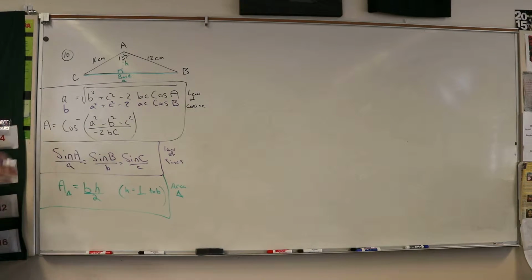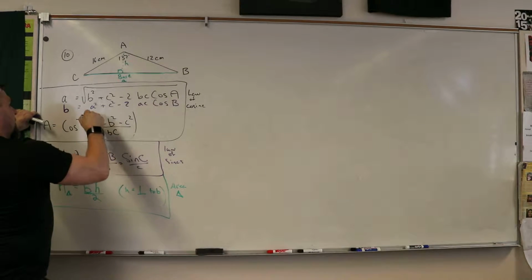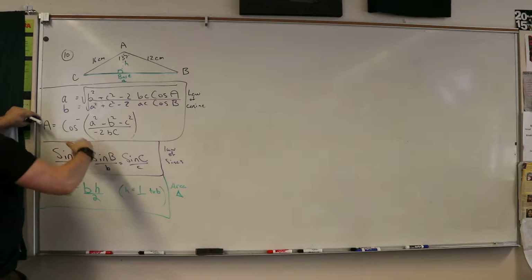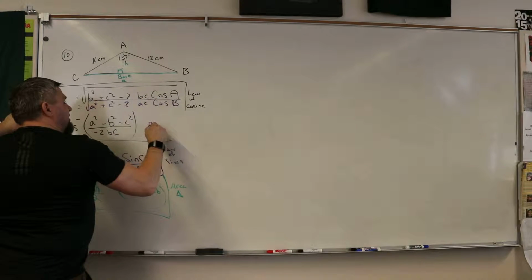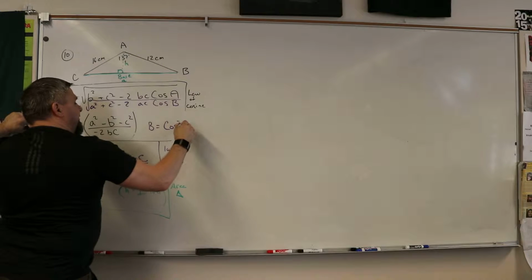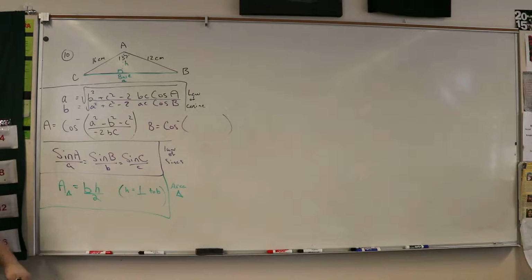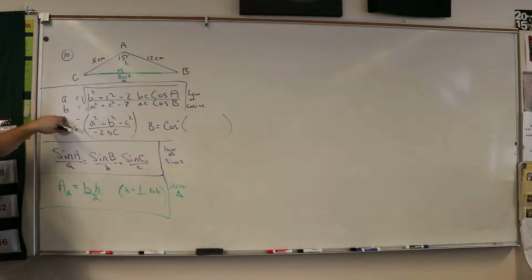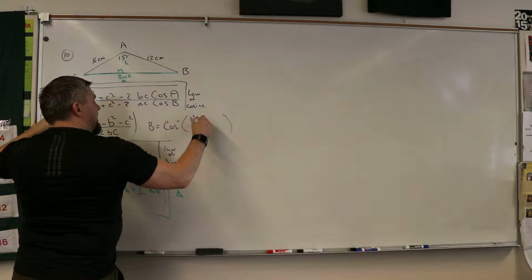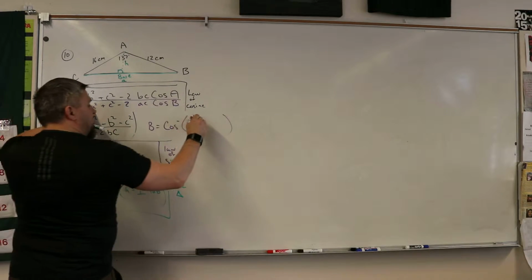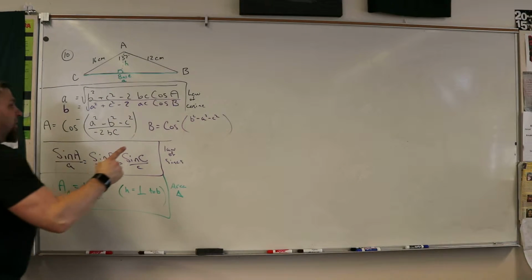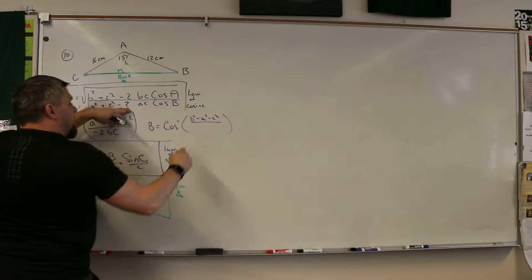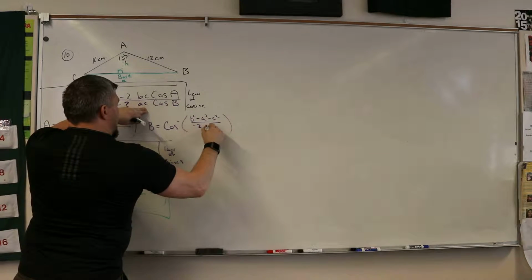Now when we reorganize it, B is going to equal the cosine inverse of B squared minus A squared minus C squared, all over negative 2AC.